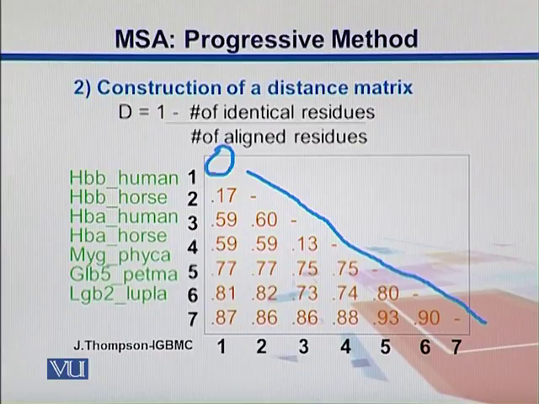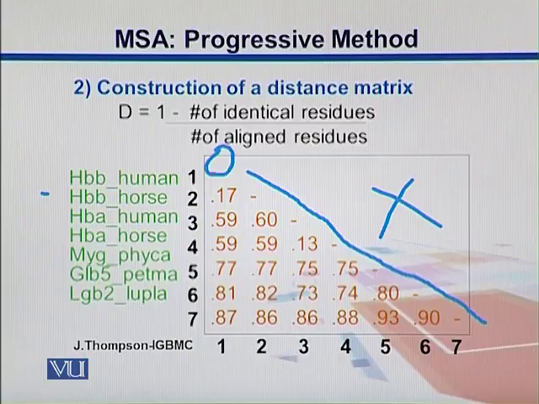In the same way, we take only half of the matrix, because the remaining half is a duplicate of the other half. For example, if you take sequence number 1 and compare it with sequence number 2, they are pretty close and their distance is less, 0.17. In the same way we can fill up the whole matrix.